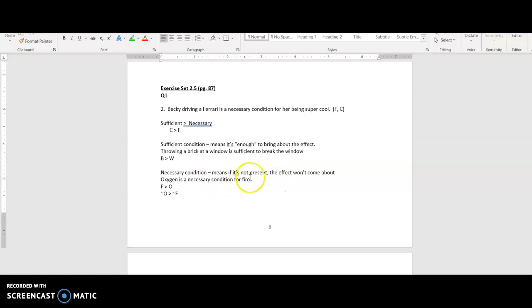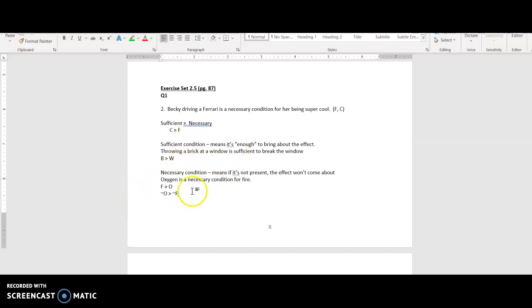Now, again, notice oxygen is necessary for fire, but it's not sufficient, thankfully, because I'm sitting right now in a room that has lots of oxygen in it since I'm breathing, yet there is no fire. So it's necessary for fire, but it's not by itself sufficient. So there's a difference between those two things.